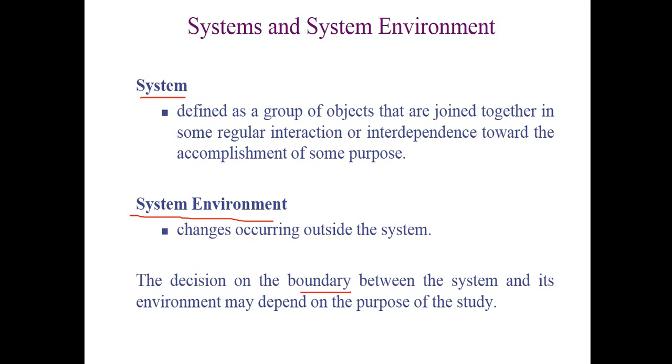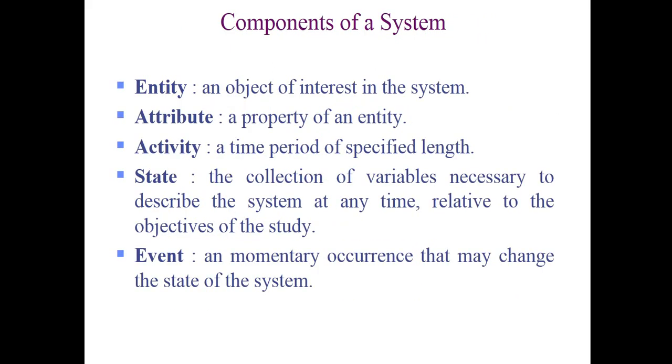So that's why we are saying that it depends on the purpose of the study. If our study is only a classroom, then the outside student is considered an outside environment. But if the purpose of our study is a building, then the outside student of the classroom is also inside. So now we will consider the components of a system.